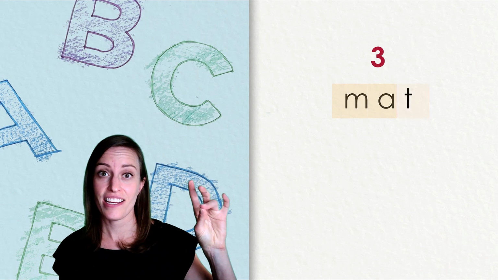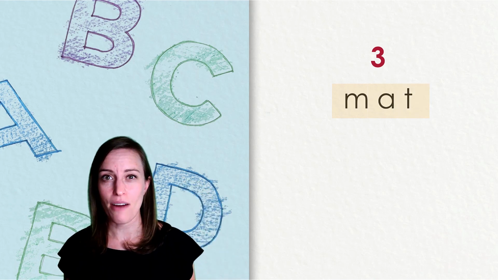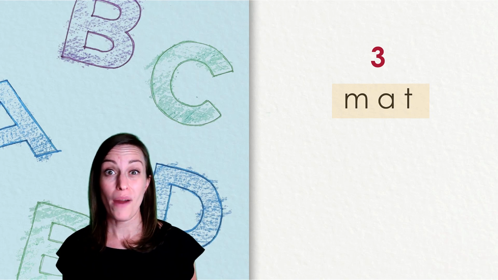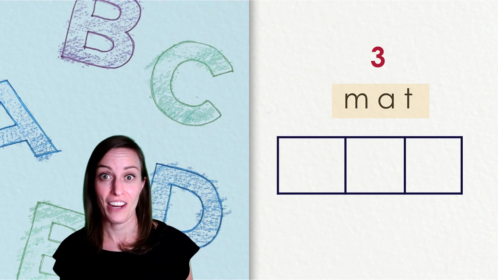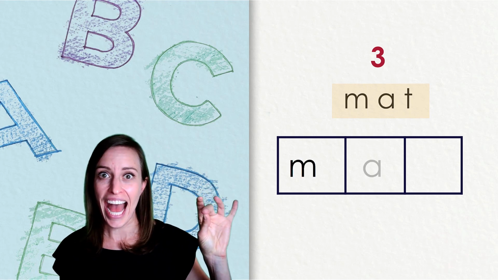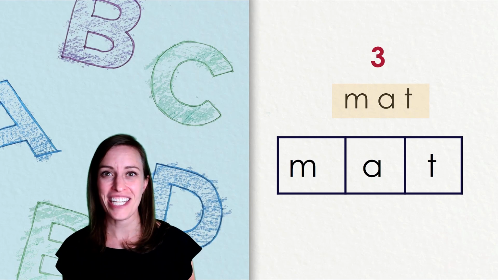M, a, t, mat. Let's put each sound of the word mat into sound boxes. Point to the box where each sound belongs. Are you ready? M, a, t, mat. Great work, readers.